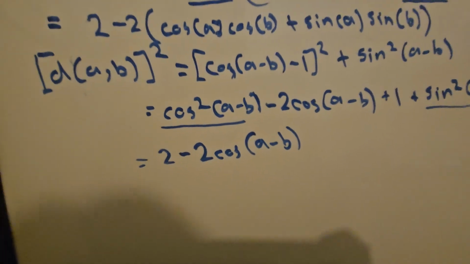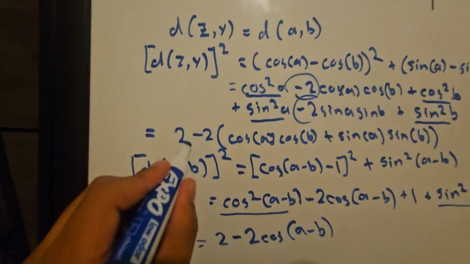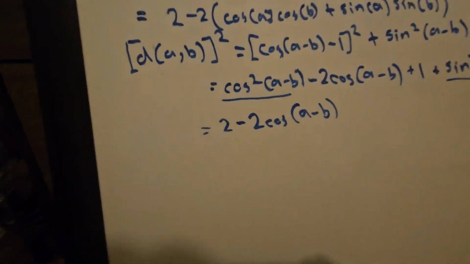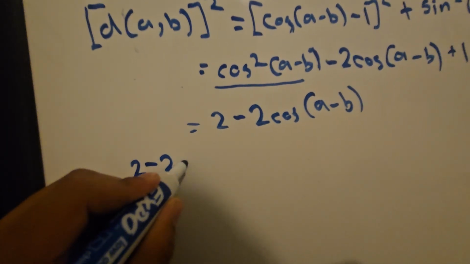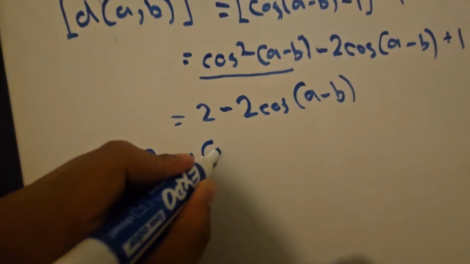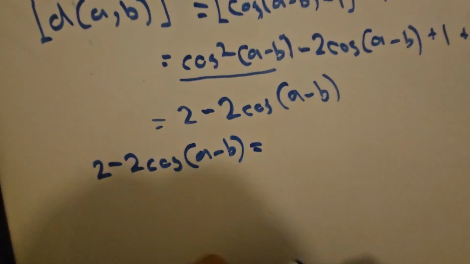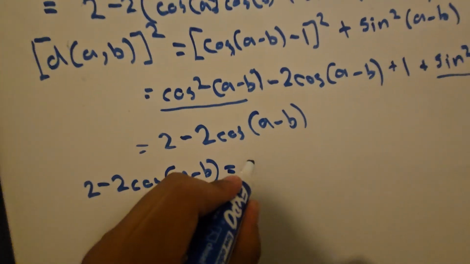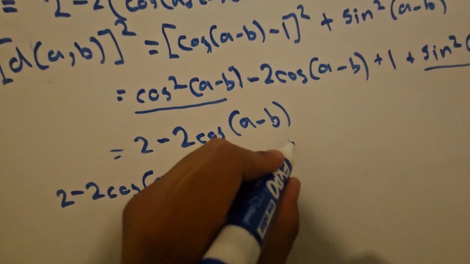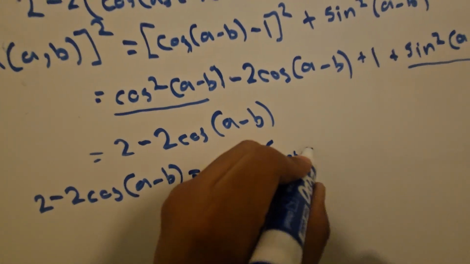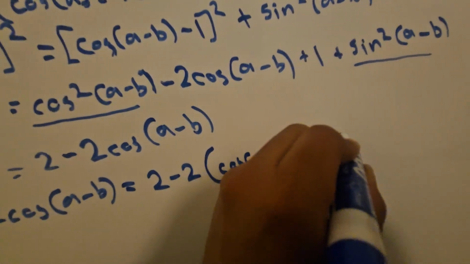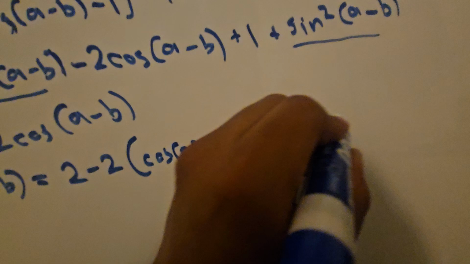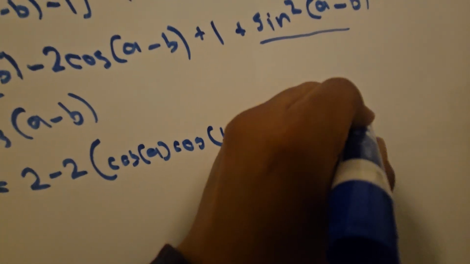All right. So now that we have these two pieces, this big one and this big one, let's set them equal to each other. So 2 minus 2 cosine of A minus B is equal to 2 minus 2 parentheses cosine of A cosine of B plus sine of A sine of B. Right?